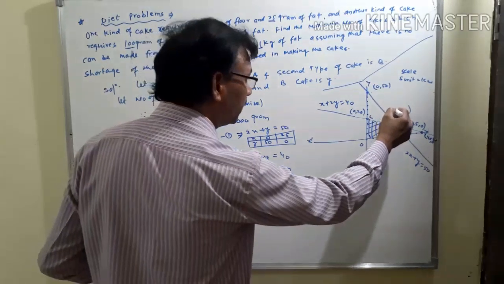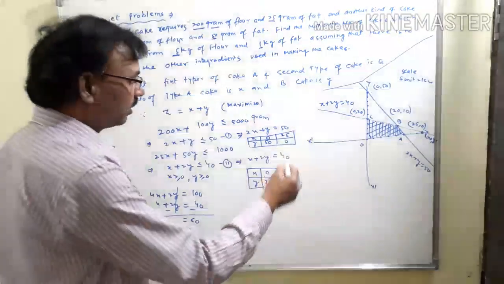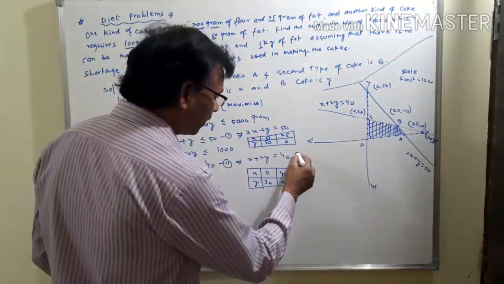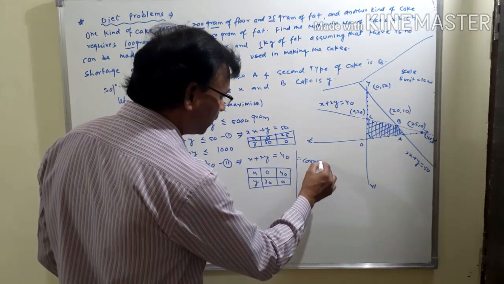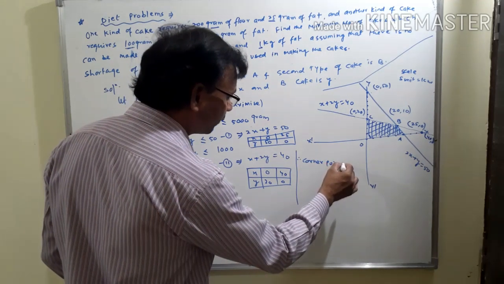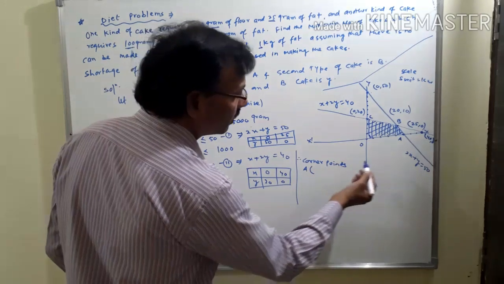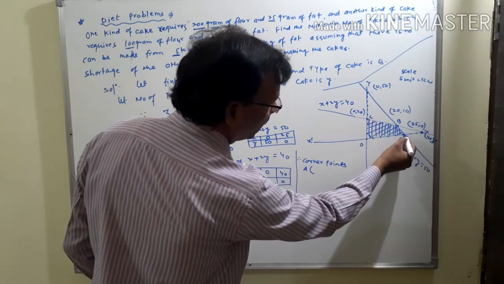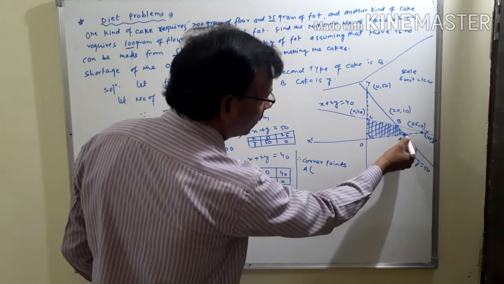Yes, (20, 10). Now find the corner points. Therefore, the corner points: A is the coordinate of this point, 5, 10, 15, 20, 25.